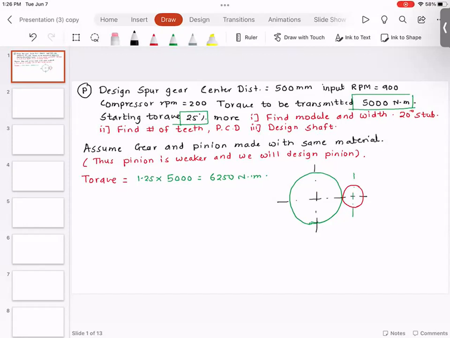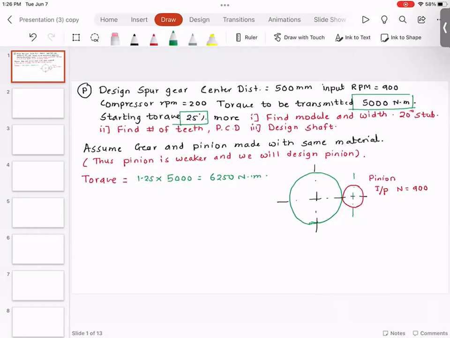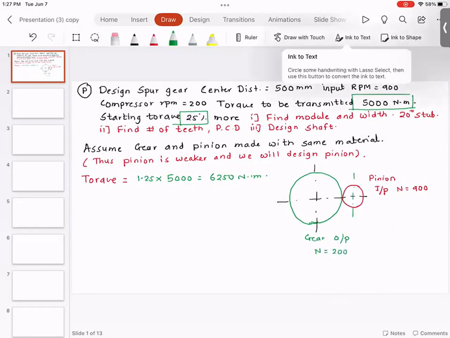So clearly what that means is this pinion is the input that is rotating at 900 RPM. Gear is the output and the speed is 200 RPM.